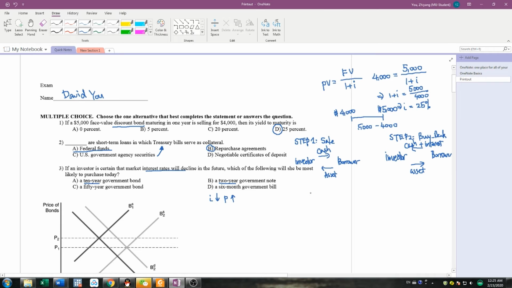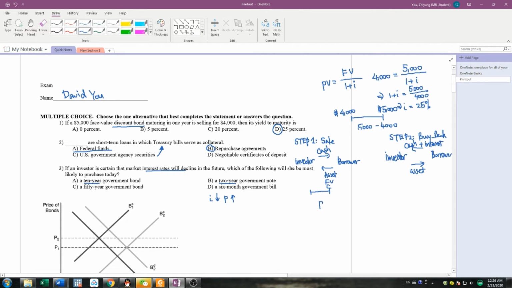What's the difference between bonds with different maturity under this scenario, right? So for example, if it is a 1-year bond, and then you have a coupon, for example, it is a coupon bond. You receive one coupon payment and the face value back, right?